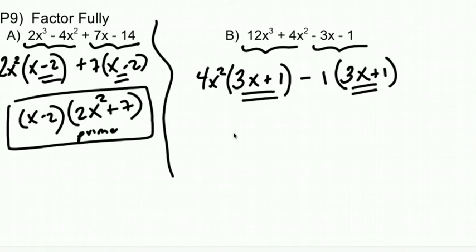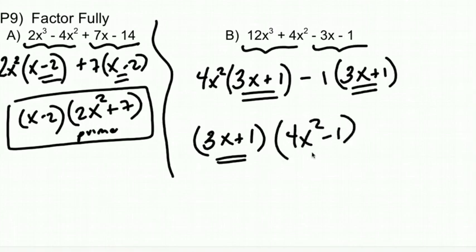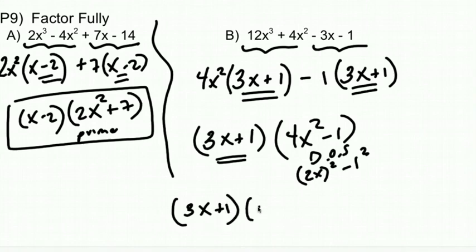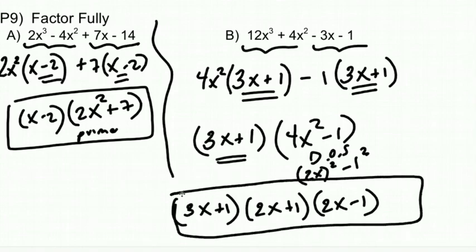So this 3x plus 1 is my new GCF. Right, that's my new GCF, and what's left is a 4x squared minus 1, but I'm not done because that's a difference of squares, right? This is actually a 2x quantity squared minus a 1 squared, so that's going to factor into a 2x plus 1 and a 2x minus 1. And now I have a fully factored expression, and that's it.